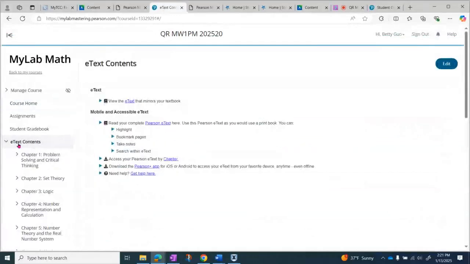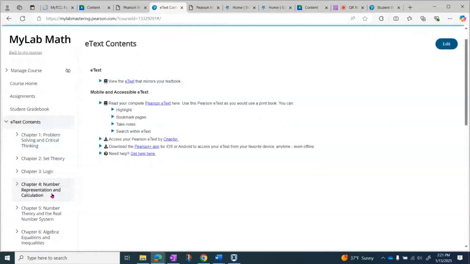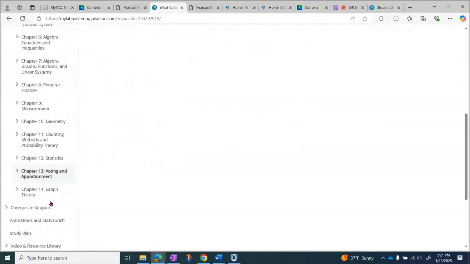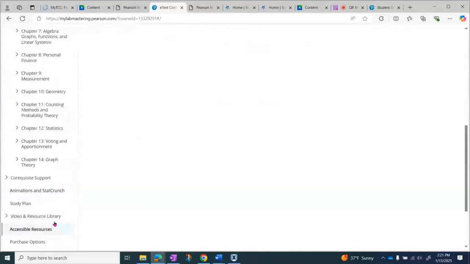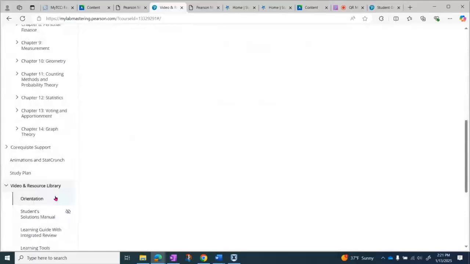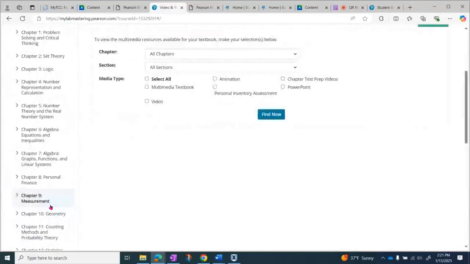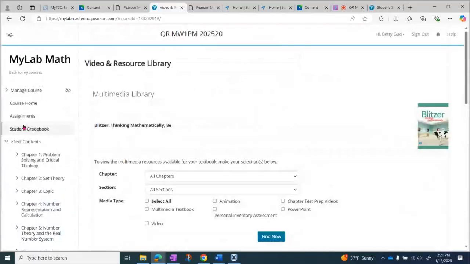You do not need to purchase any physical textbook. The digital textbook is included, and you can also look at videos and the resource library, and assignments is right here.